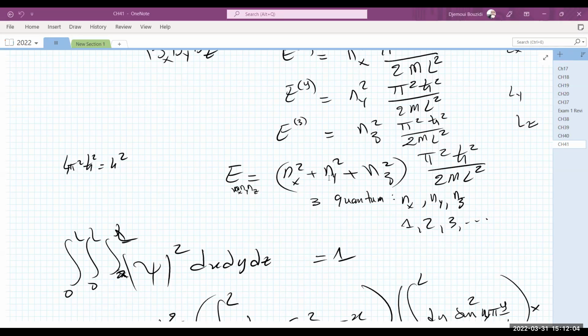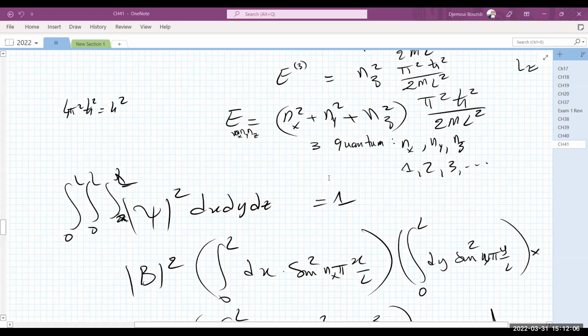And there is an idea in here of the degeneracy. So what is a degeneracy in this case? If I choose, for example, this one to be 1, and this one to be 2, and this one to be 1, if I add up the numbers, 1 squared plus 2 squared plus 1 squared is 6. So they add up to 6.